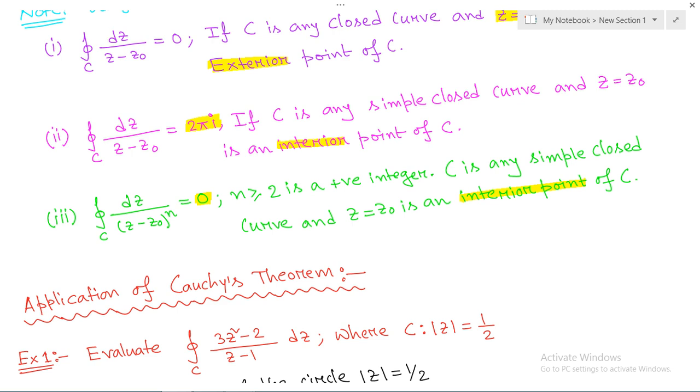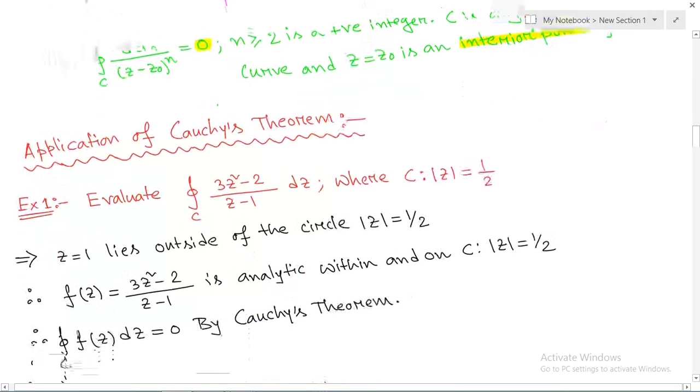So you can check and get the solution for these two properties. Now let us discuss some problems based on Cauchy's theorem.